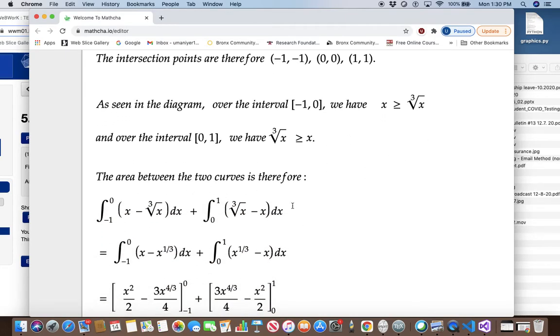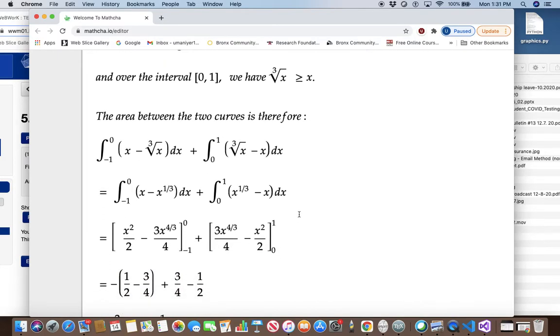So the required area is the integral from negative 1 to 0 of x minus cube root x, since x is above there, plus the integral from 0 to 1 of cube root x minus x, since cube root x is above x. That's your expression.